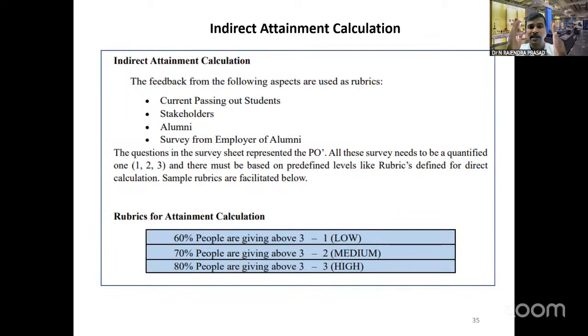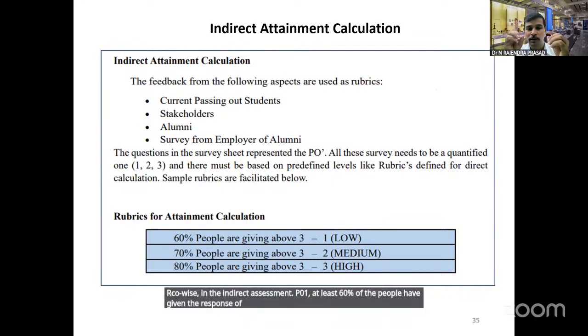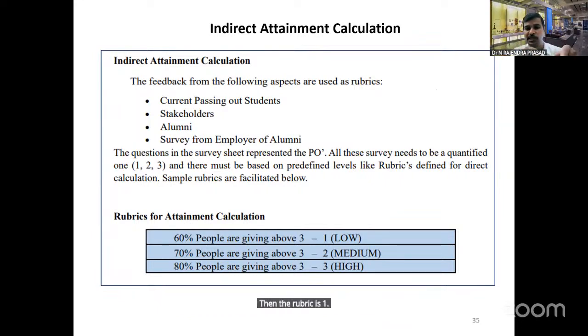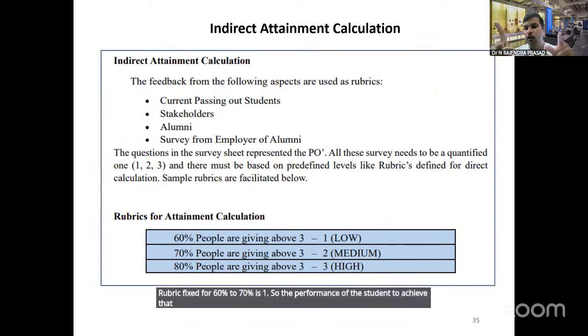For PO1, if at least 60% of the people have given the response of 3, only 60% of people have given the response of 3, then the rubric is 1. Because the rubric fixed for 60% to 70% is 1. So the performance of the student to achieve that PO is low.